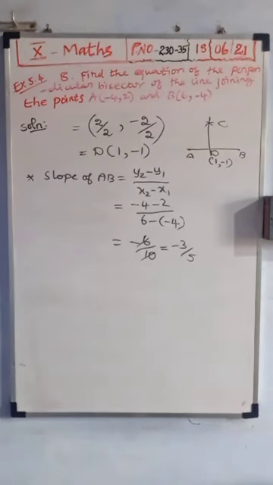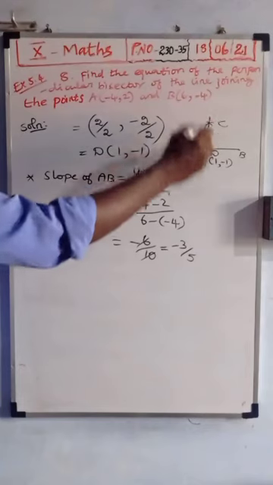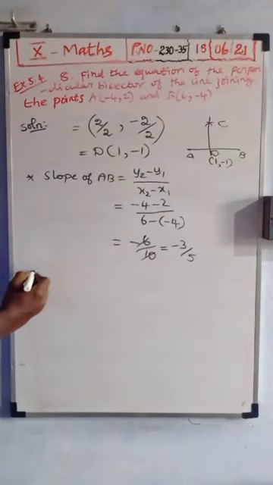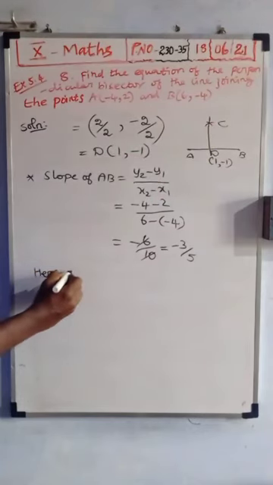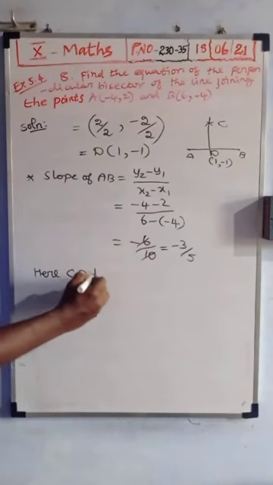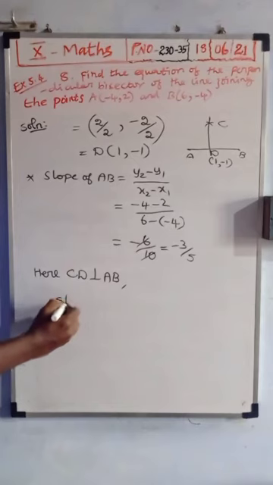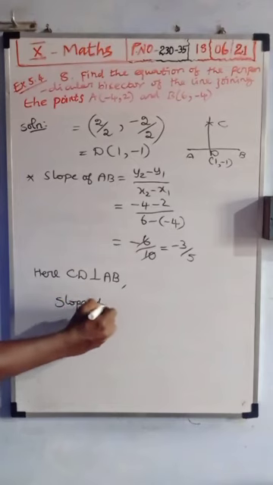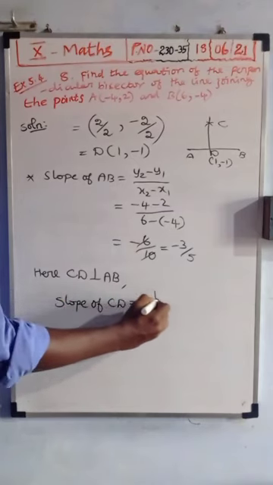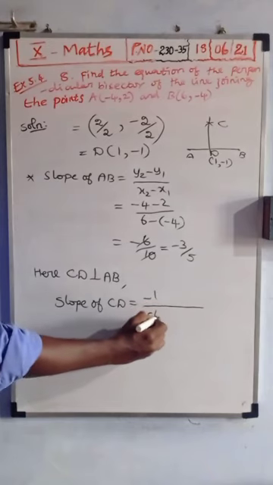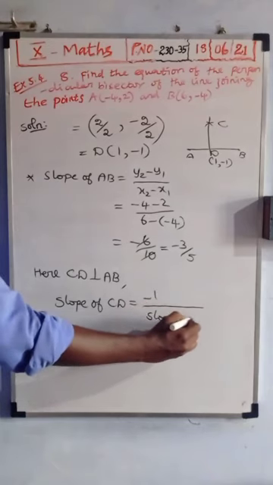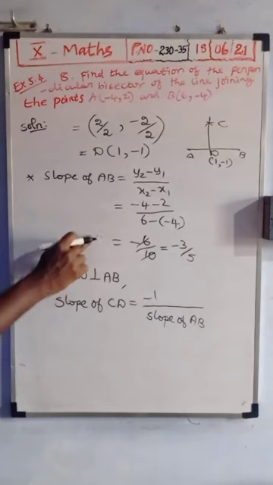But here we want the slope of CD only. Therefore the CD line is perpendicular to AB. That means the slope of CD is minus 1 by the slope of AB. Actually this is M1.